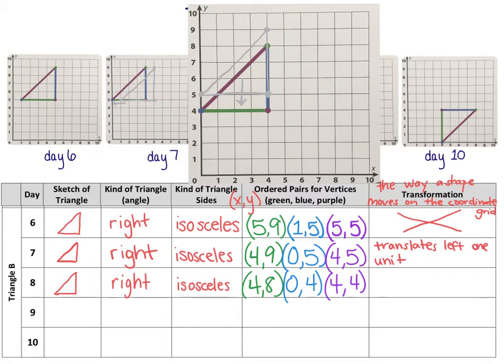So in transforms, I'm going to write translates, and then I'm going to see 5 move down to 4, so that's 1 unit. Here is 1 unit, and here is 1 unit. So it translated down, because we see that it moved down 1 unit from day 7.